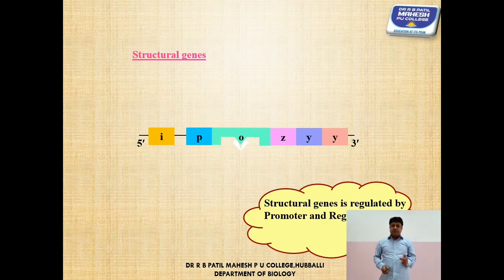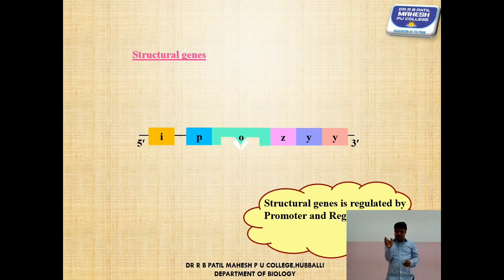That means they have the ability to synthesize many proteins or polypeptides. Whereas in case of eukaryotes, the structural genes are monocistronic. They have the ability to synthesize only one polypeptide chain at a time.